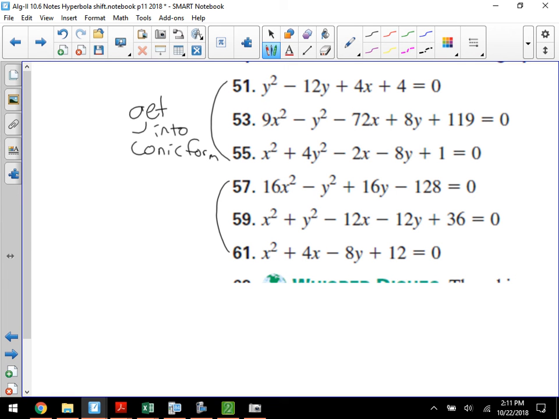The last three is conic form and graph and label everything, where it's vertex, co-vertex, foci, centers, all that stuff. Okay. And then, like I said, I posted a PDF file that had, I think, 8 more of the same style ones with the answers and a rough sketch of where all the vertices and stuff are. These are all the answer guides if you want to look at it.